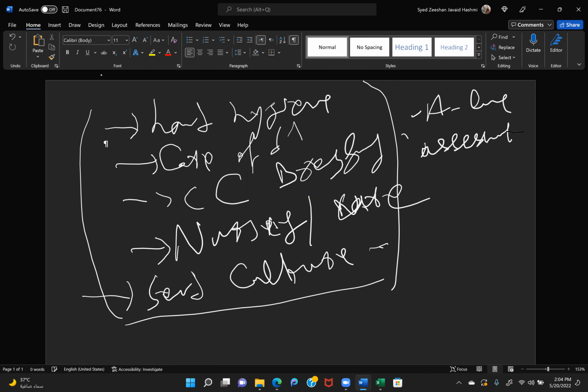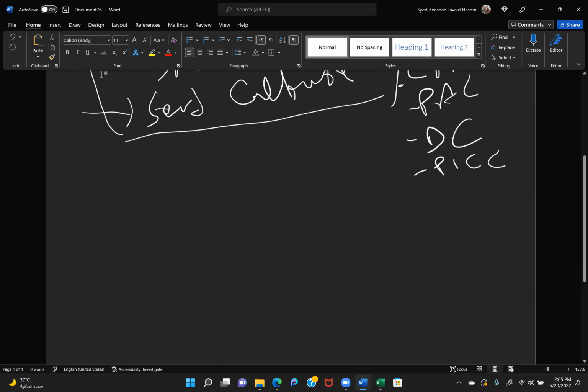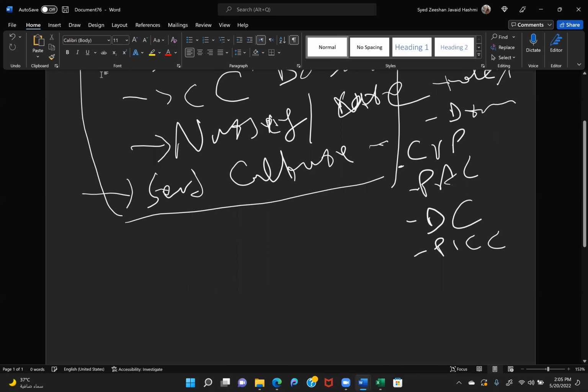Not only this, these things will be general for even Foley's or any drains the patient has. Because the other lines which may be there are CVP, pulmonary artery catheter, dialysis catheter, PICC line. So the general principles are the same.